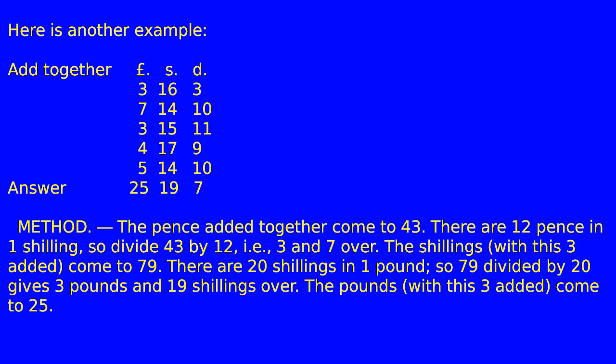There are 12 pence in 1 shilling, so divide 43 by 12, that is 3 and 7 over. The shillings with this 3 added come to 79. There are 20 shillings in 1 pound, so 79 divided by 20 gives 3 pounds and 19 shillings over. The pounds with this 3 added come to 25.